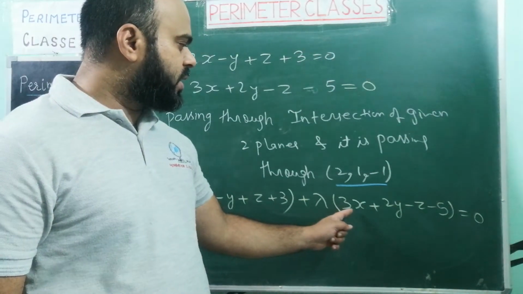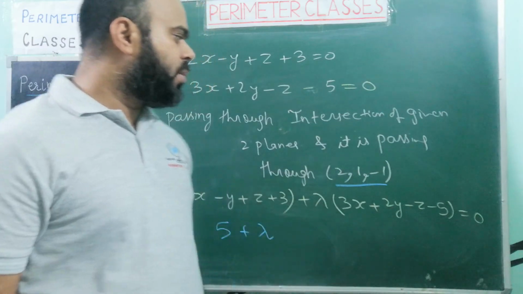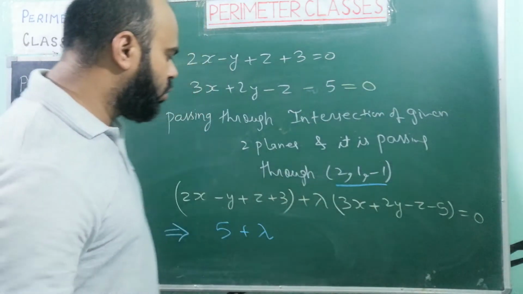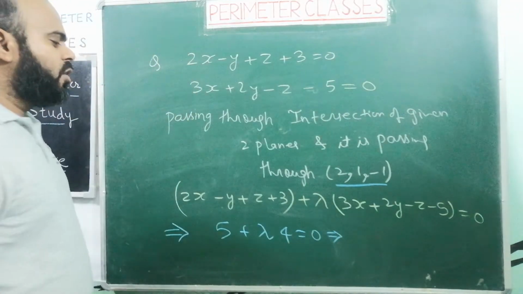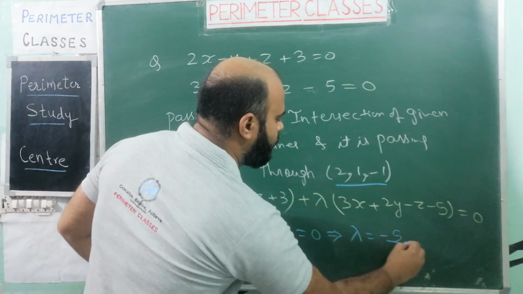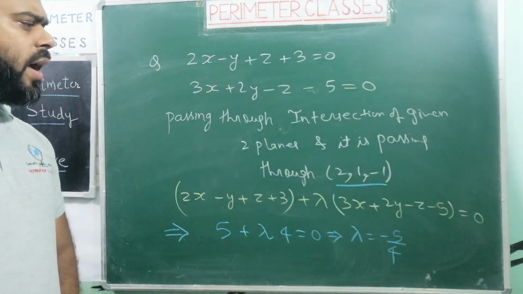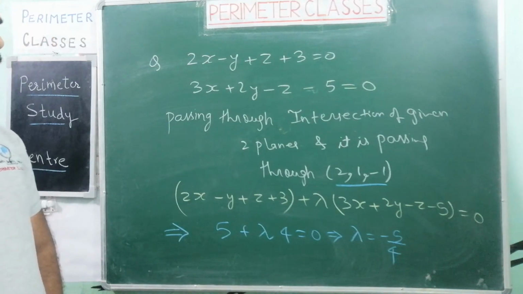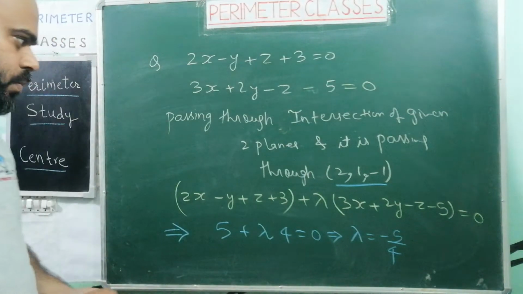Here it will be 6 plus 2 is 8, and plus 1 is 9. 9 minus 5 is 4. So 5 plus 4 lambda is equal to 0. This is the value of lambda, which is minus 5 upon 4. For this particular value of lambda, you will get the particular plane which is asked in the question.